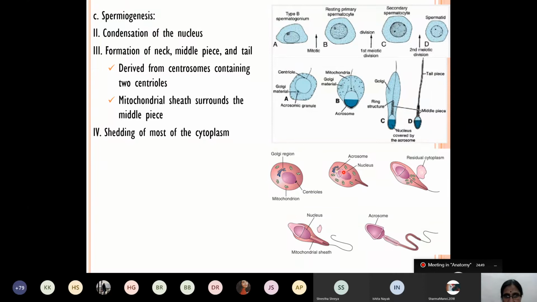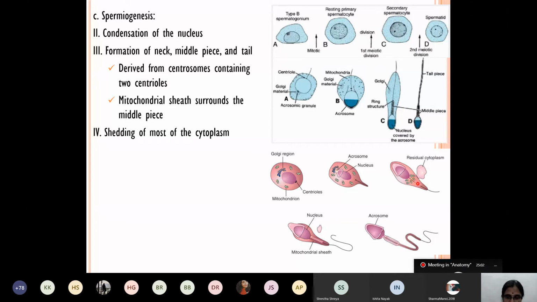The acrosomal cap and the nucleus form the head of the spermatozoa. Then the centrosome with the centrioles appears, and these centrioles give rise to the neck, middle piece and tail of the spermatozoa. Here you can see.